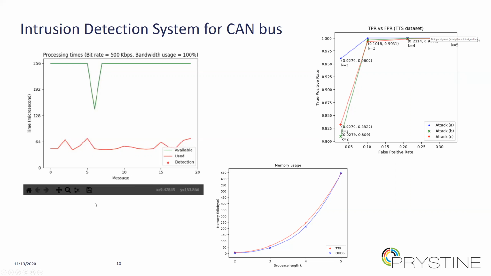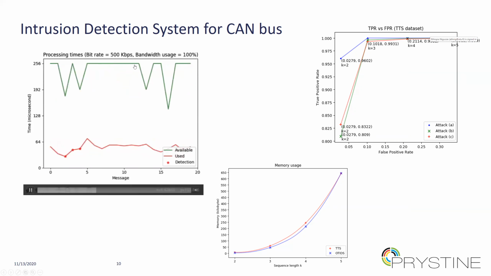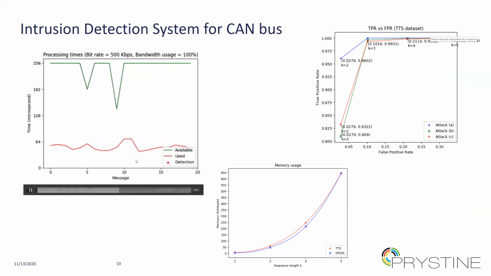The intrusion detection is based on CAN bus ID sequence, and it is part of the fail operational middleware. The vertical distance between the green and the red corresponds to the IDS idle time, and with maximum bitrate and full usage, the IDS decision is often available before the whole message is read.